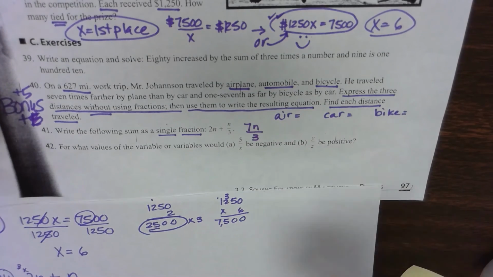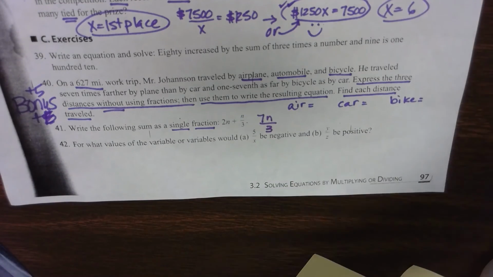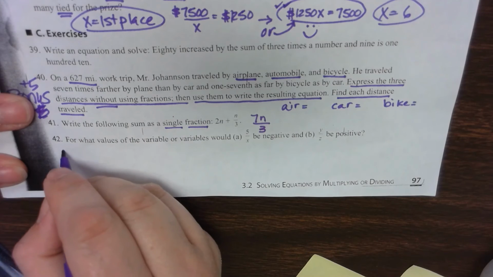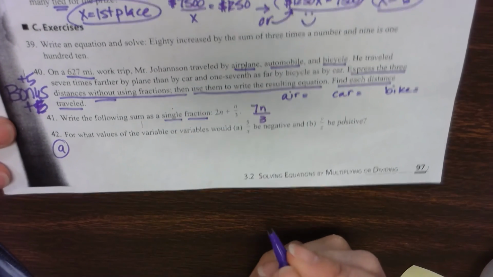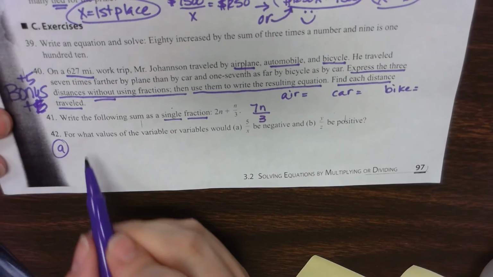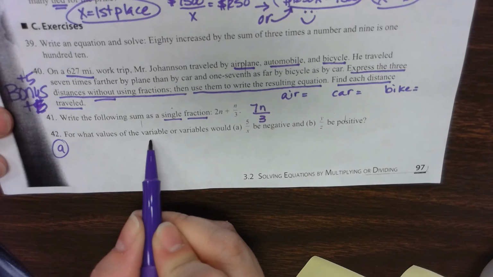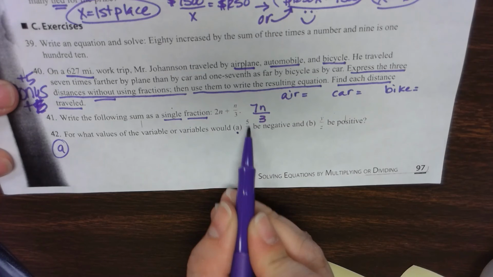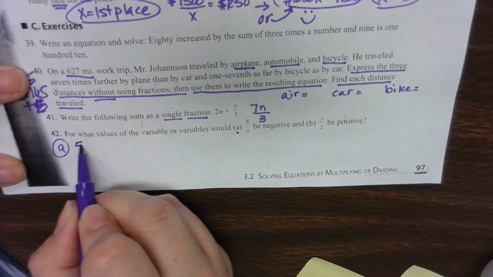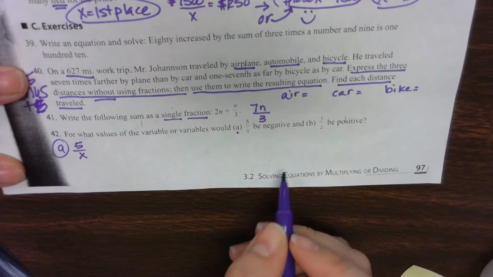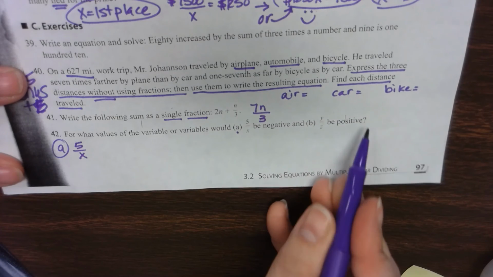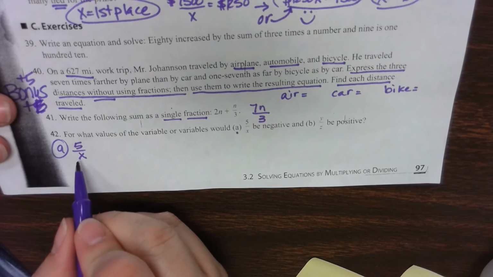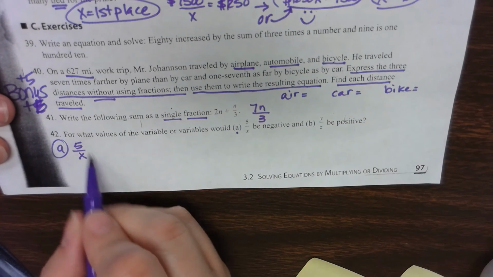All right, now for 4a and b for number 42, what they're asking here is what values of the variable or variables would make a, 5 over x, negative, and b, y over z, positive. Okay, so they want to know what value can I give x to make this fraction a negative?